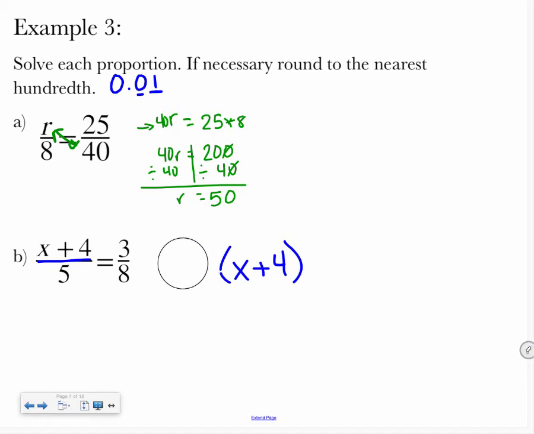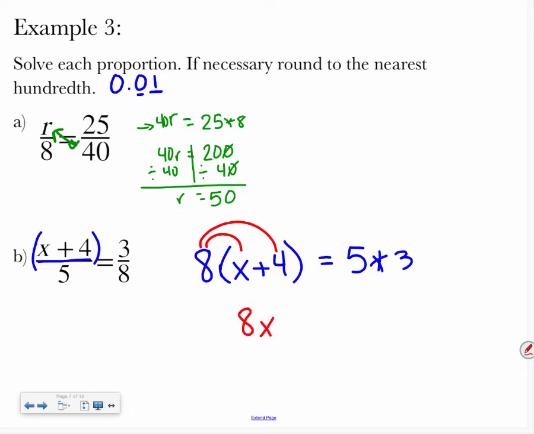Since we don't normally write the multiplication symbol when there are parentheses involved, I'm going to get rid of that, and then I have 5 times 3. If I simplify this, I should distribute. So that means I have 8x plus 32 equals 15.